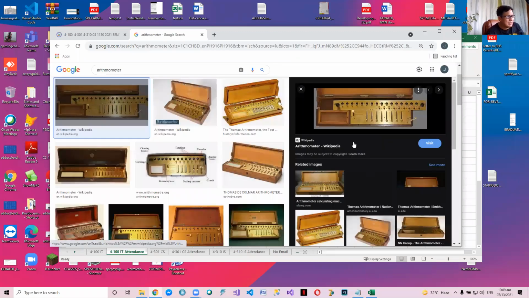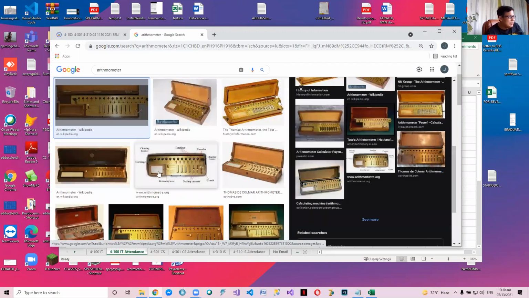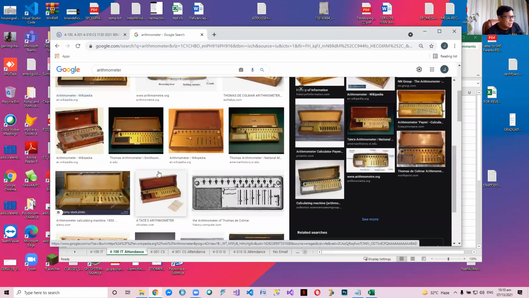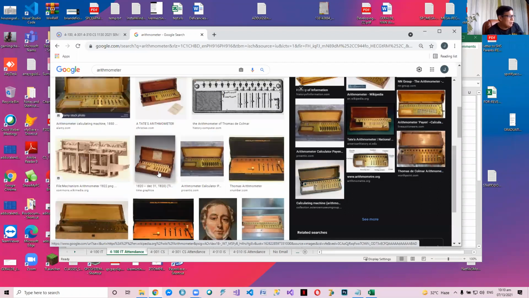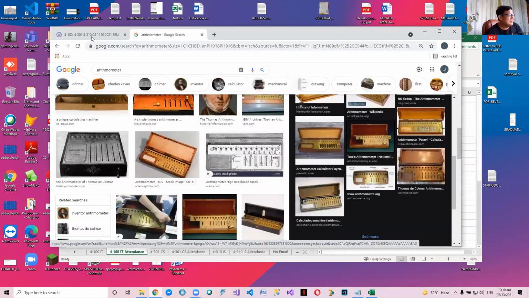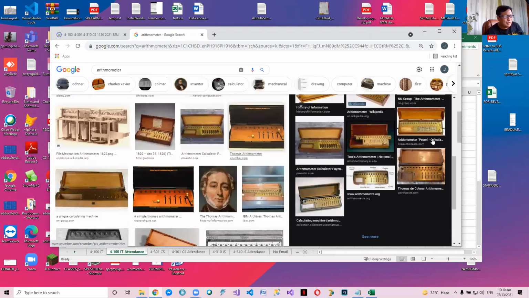Hindi pa siya adding machine, by the way. But there's a version of the arithmeter with a crank. Okay. So the difference from the step reckoner is that this is a complete calculator. It can do addition, subtraction, multiplication, and division.